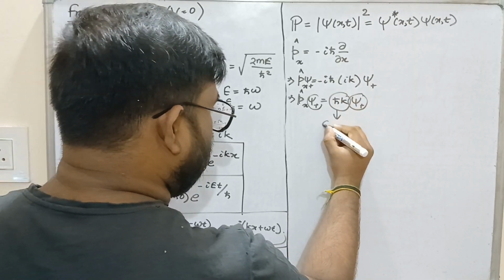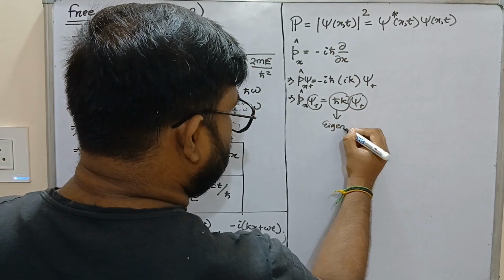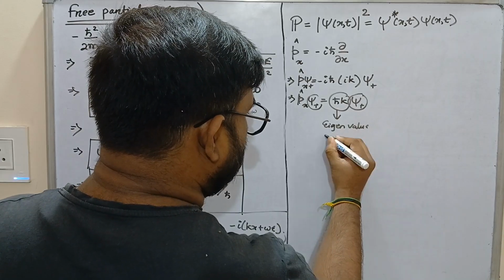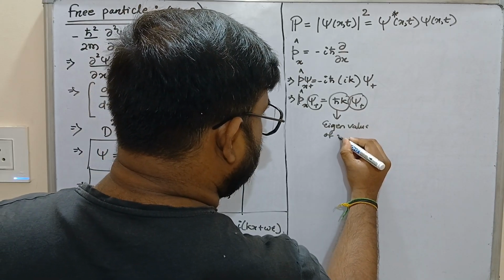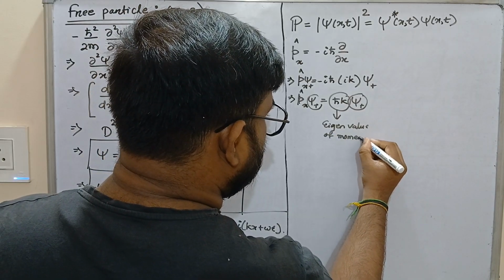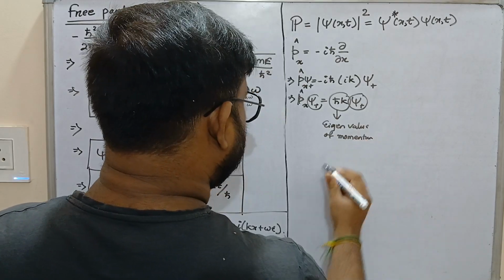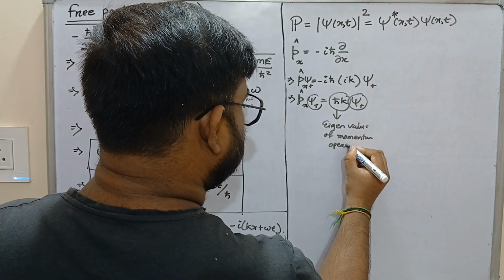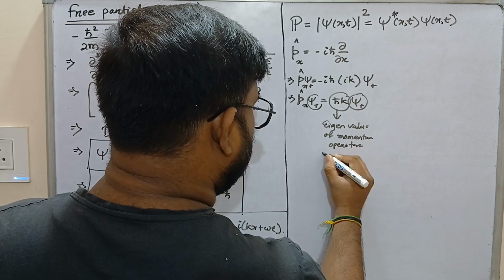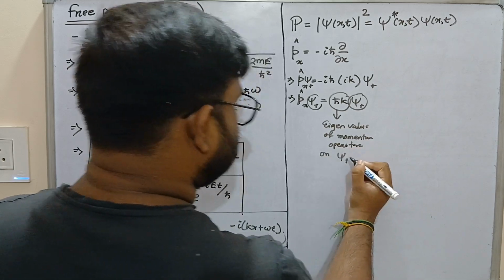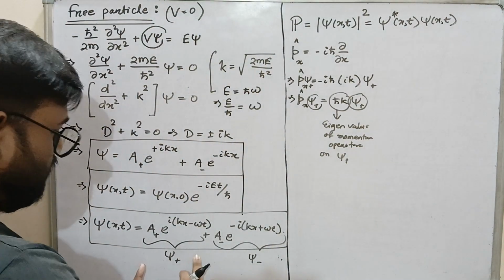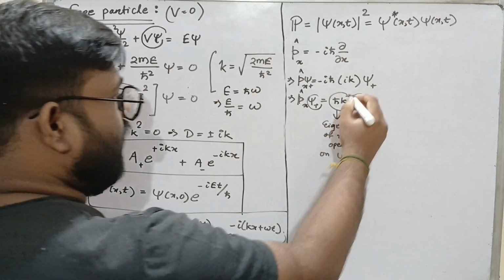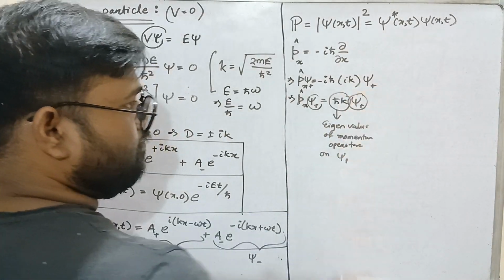This is the eigenvalue of the momentum operator on psi plus. What value does it give? It gives h bar k.